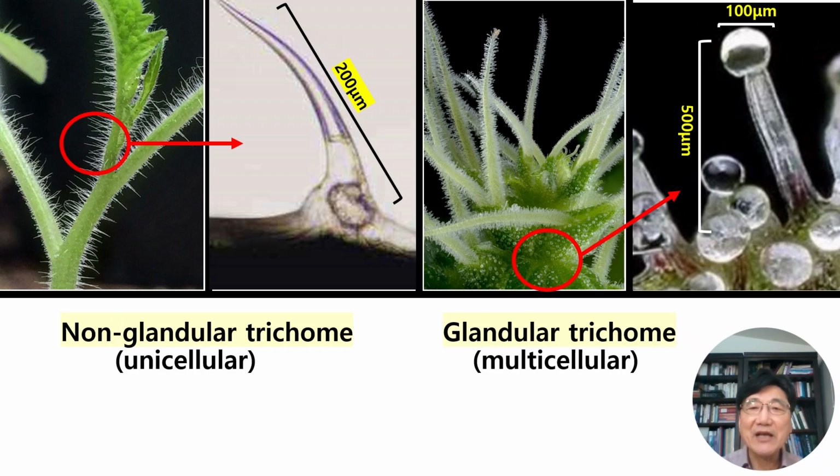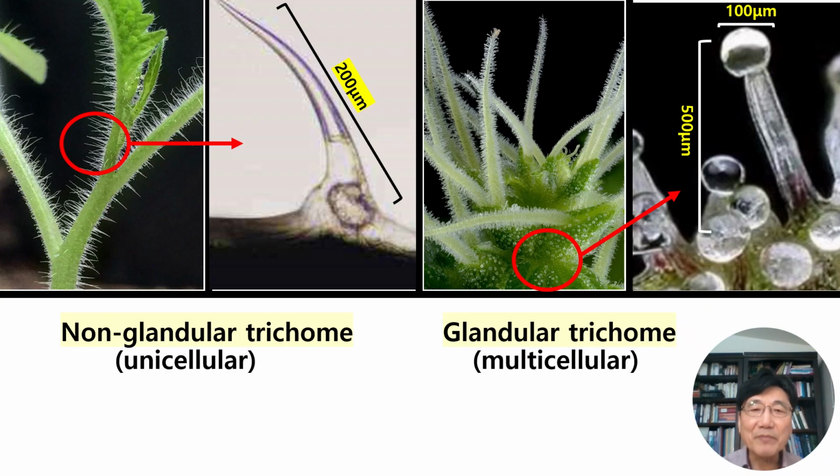Non-glandular trichomes are unicellular trichomes. However, glandular trichomes are multicellular trichomes. As you can see in the left picture, needle-like non-glandular trichomes consist of a single cell 200 micrometers in length.